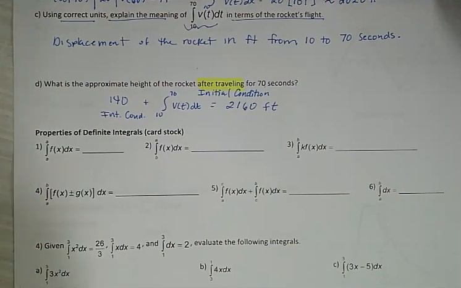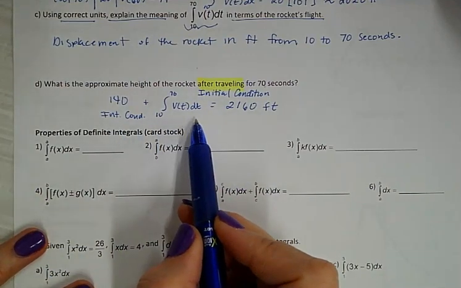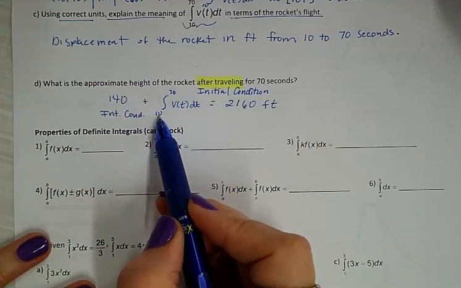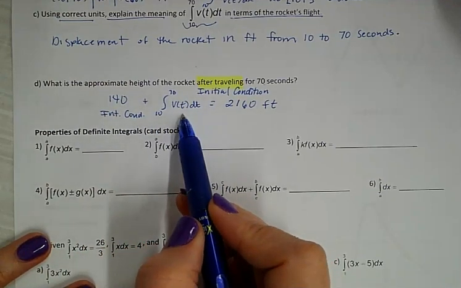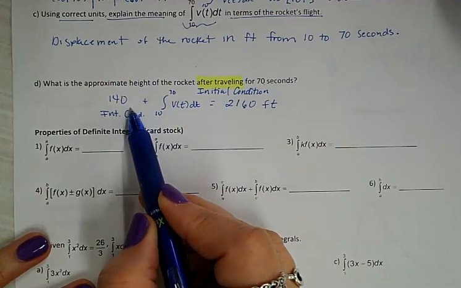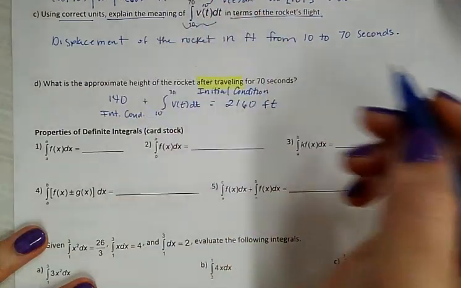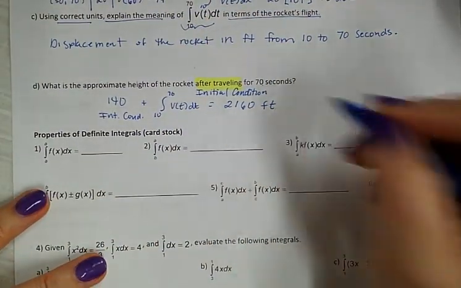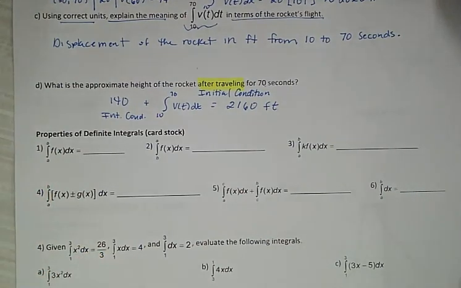So we want to make sure that we're showing this statement using the calculus. That's the initial condition plus the integral from 10 to 70 of v of t dt. We calculated this in the last part, so that's our 2020 feet plus another 140 feet. If this is feet and this is feet, then we should have a unit of feet at the end.